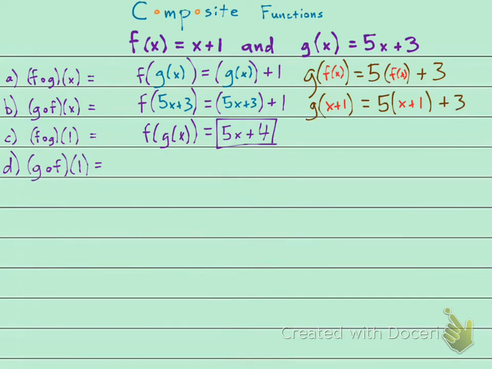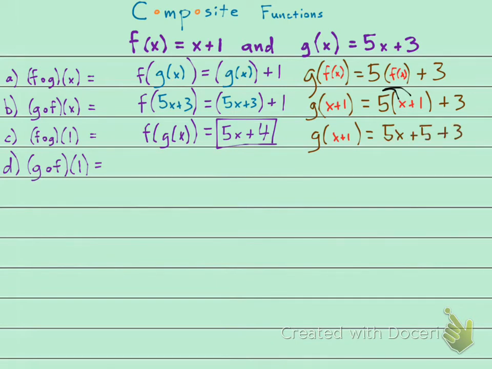So that tells me that the g of x plus 1 is, let's distribute this: 5 times x is 5x, plus 5 times 1 is 5, plus 3.